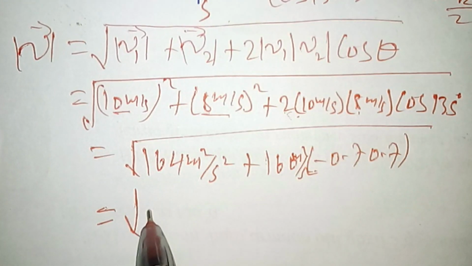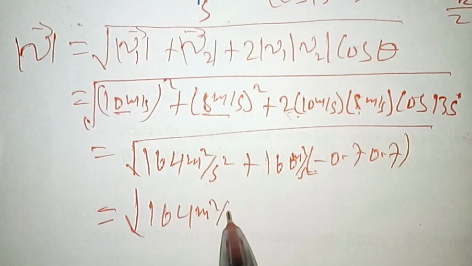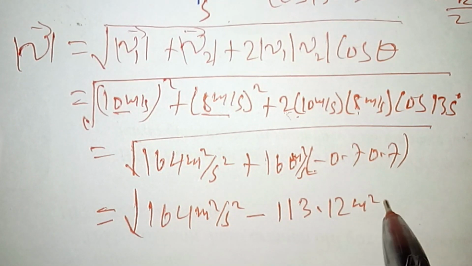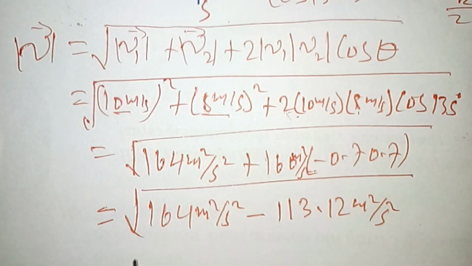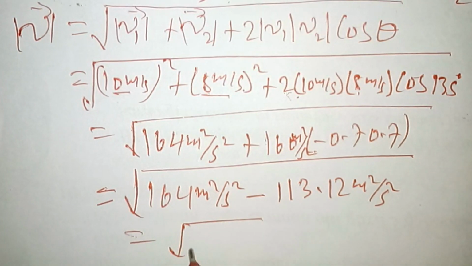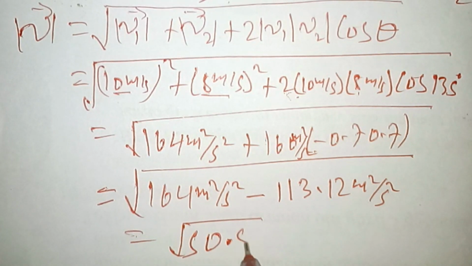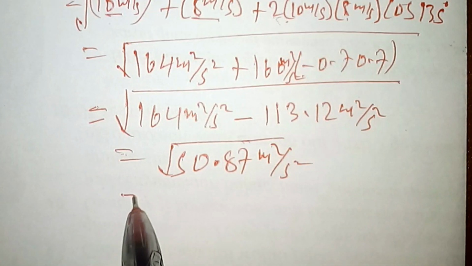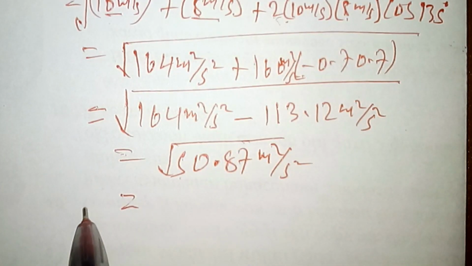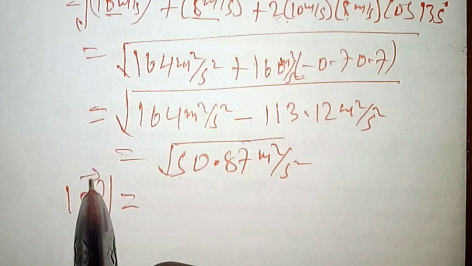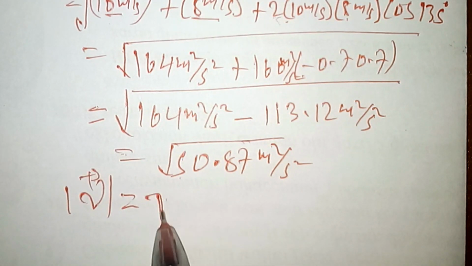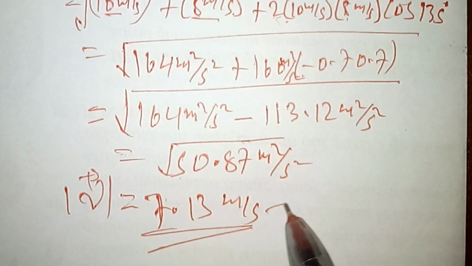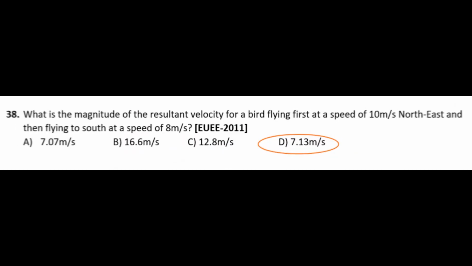So this whole number gives me 164 meter squared per second squared minus 113.12 meter squared per second squared under radical, which is approximately equal to the radical of 50.87 meter squared per second squared. So the square root of this number gives the magnitude of the resultant velocity as 7.13 meter per second. I get exactly the same answer as the previous one.